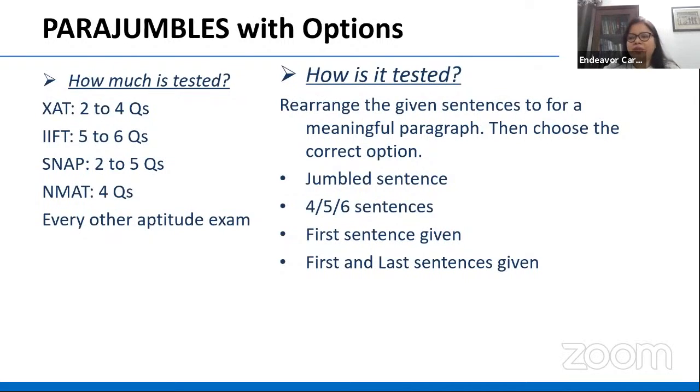The middle 4 meaning the second, third, fourth, and 5th sentences are jumbled up, right? So you have these various types that you can come across in the various aptitude exams. In fact, the 6-sentence parajumble is what you very often encounter in NMAT. The sentence fragment, we've seen in a paper like IFT or even in XAT. Occasionally, we've seen that a single sentence is broken into parts and jumbled up, right?